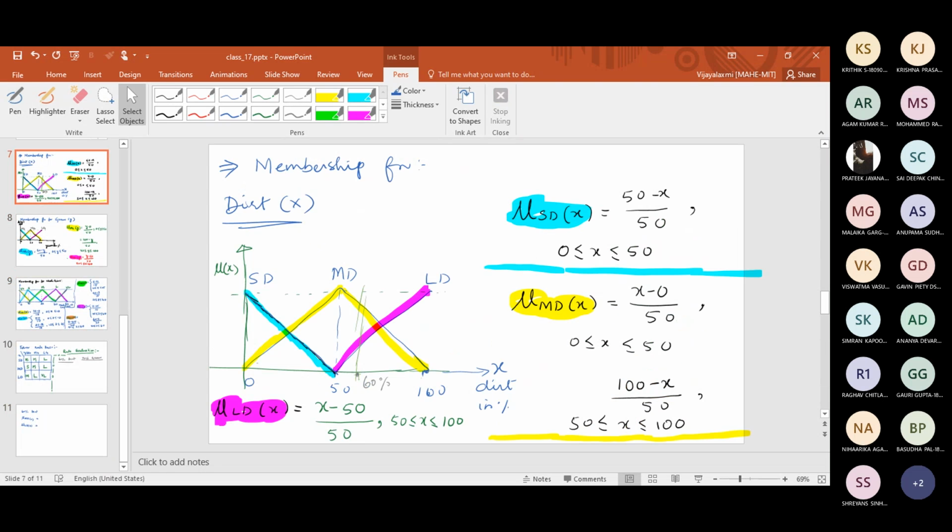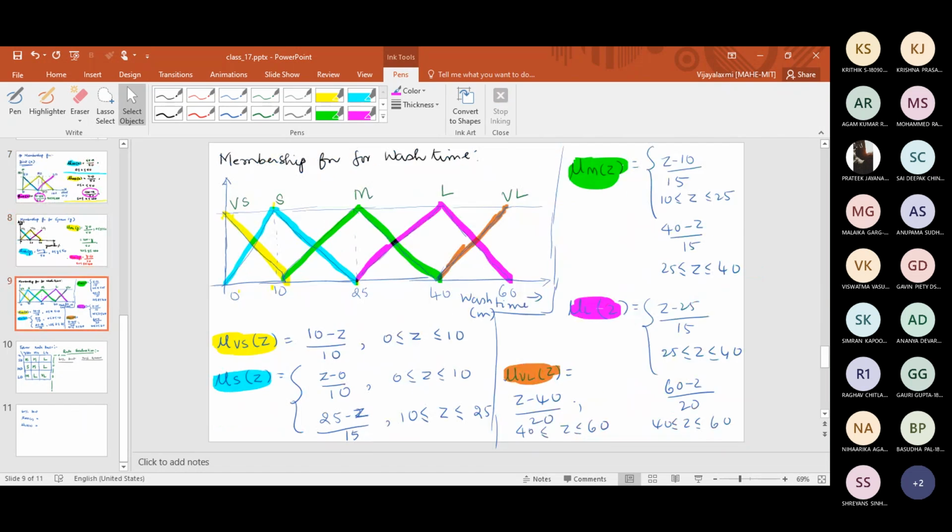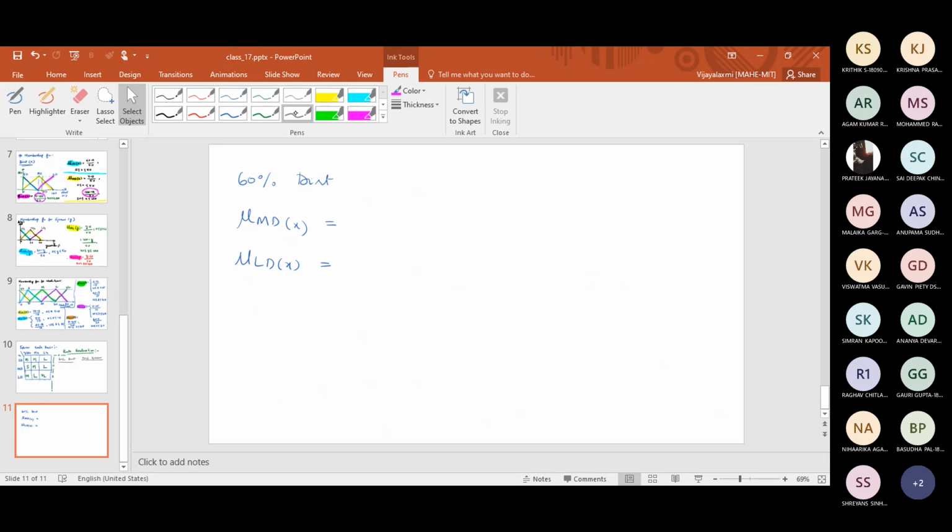Mu MD is the second part, 100 minus x by 50. Mu LD is x minus 50 by 50. I'll write both of these equations, okay? So mu MD is 100 minus x by 50.